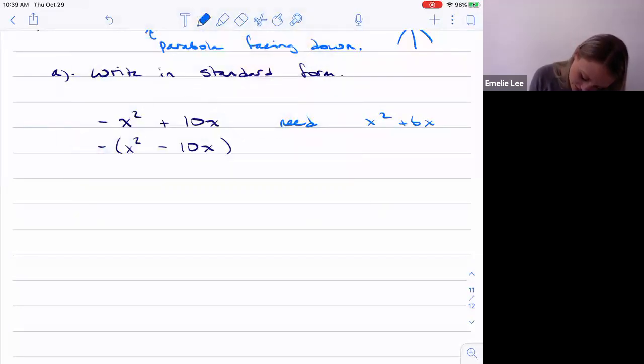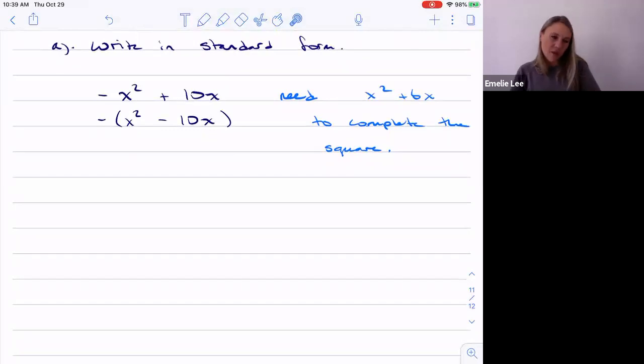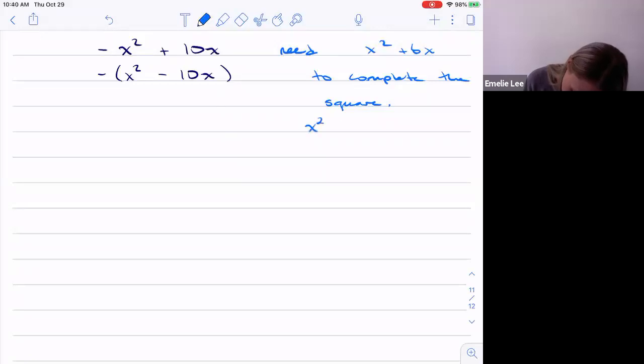And I should complete here. So I need x squared plus bx to complete the square. Okay, completing the square on something like this, we said we have to add b over 2 squared. So what we're going to do is x squared plus bx plus b over 2 squared minus b over 2 squared.